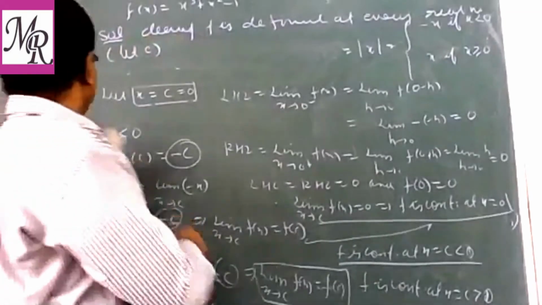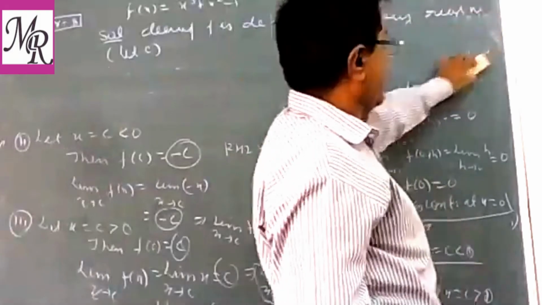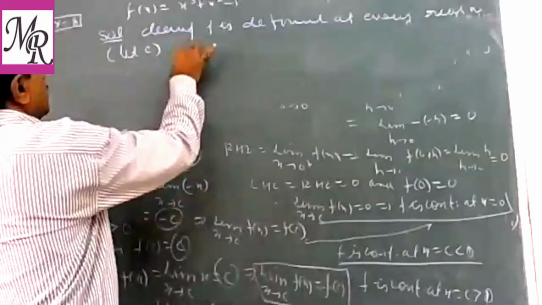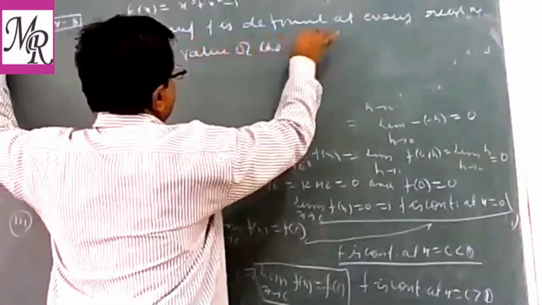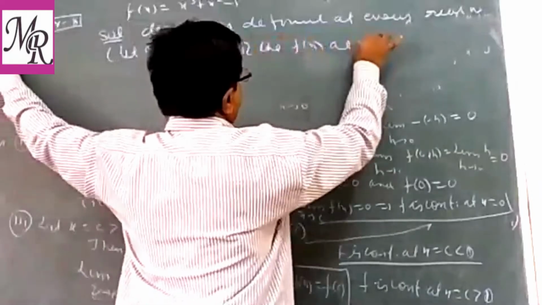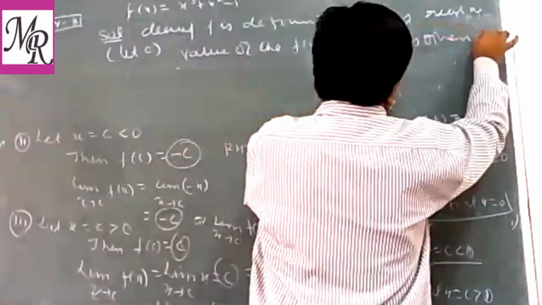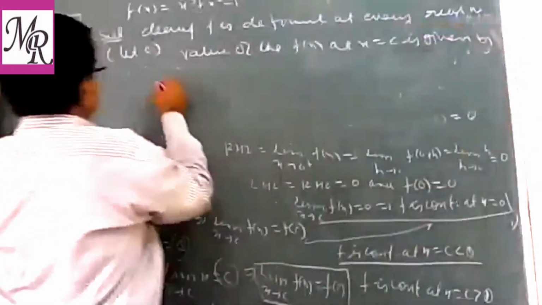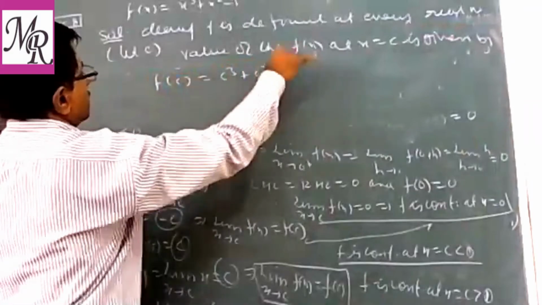So its value at the point c, the value of f(x) at x equal to c, is given by f(c) equal to c cube plus c square minus 1.